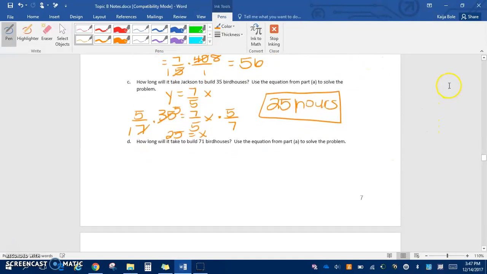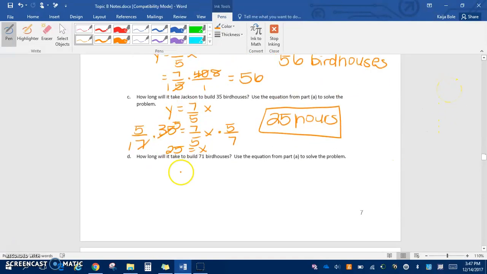And then one more here, part D. Says, how long will it take to build 71 birdhouses? So y equals 7 over 5x. Birdhouses is y. So we'd have 71 equals 7 over 5x. So we multiply by 5 over 7 on both sides.